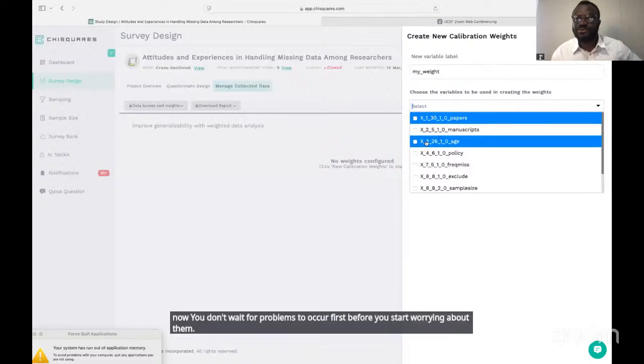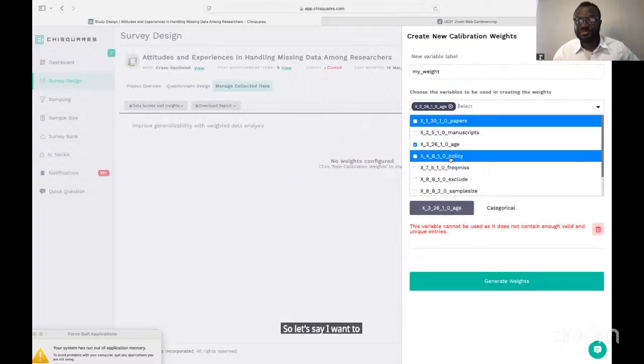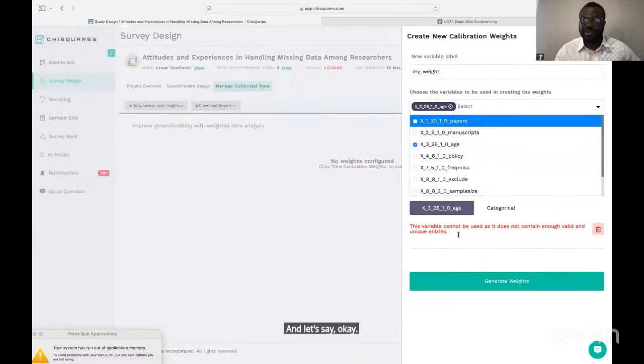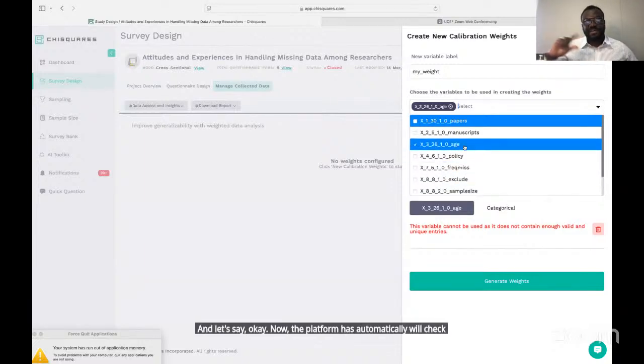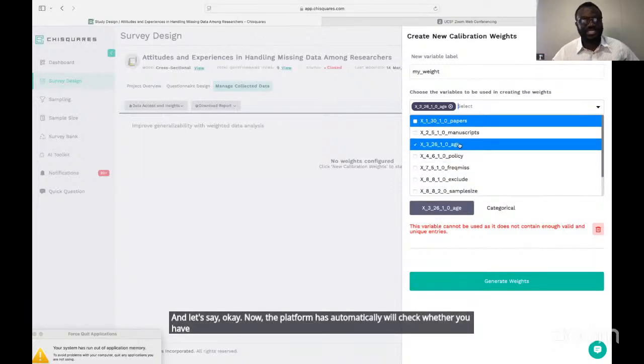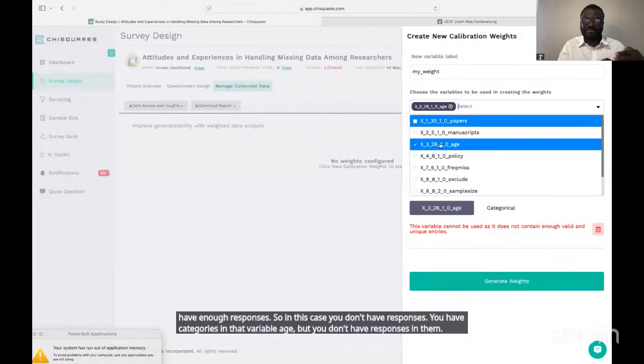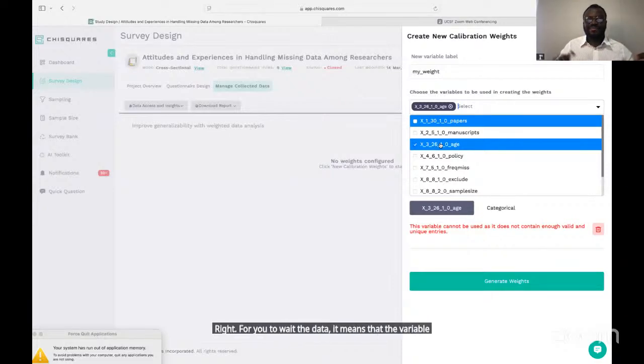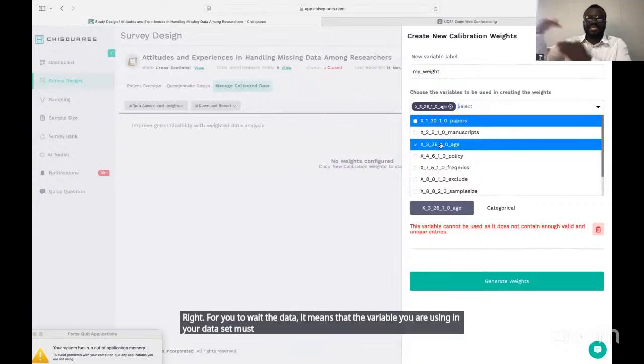So let's say I want to weight the data by age. And now the platform automatically will check whether you have enough responses. In this case, you don't have responses, you have categories in that variable age, but you don't have responses in them, right? For you to weight the data, it means that the variable you are using in your data set must exist in, let's say, the census.